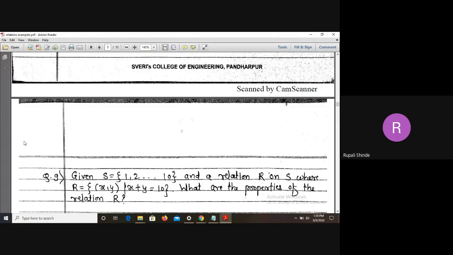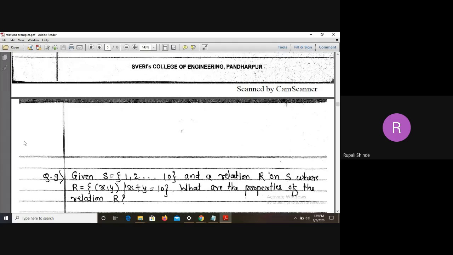I will tell you one order pair as 1, 9 and the second one is 9, 1, because 1 plus 9 is equal to 10 and 9 plus 1 is also equal to 10. That's why we can add these two order pairs in relation R. Likewise, find out the remaining order pairs. 2, 8 and 8, 2.